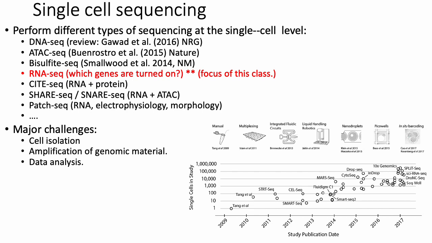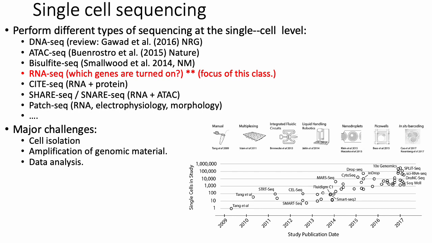The figure in the bottom right-hand corner of this slide illustrates how quickly this field has moved in the last 10 years or so since the single-cell based assays have begun to show up. You can see that one of the first whole genome based single-cell sequencing assays came out somewhere between 2009 and 2010.